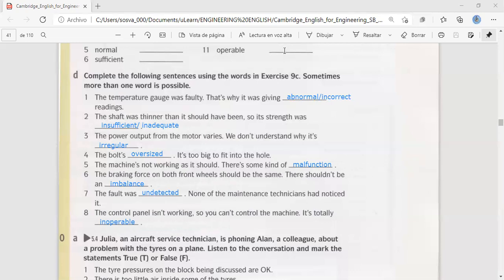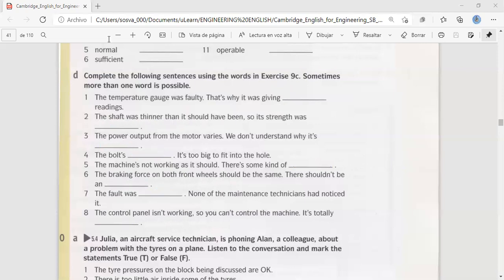Because none of the technicians notice it. You use these words to give a general view of the problem or situation, and of course then you can specify, like, it's because this was faulty, because this should be done like this, stuff like that.